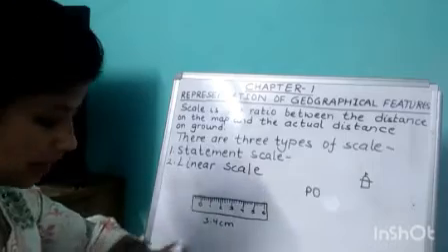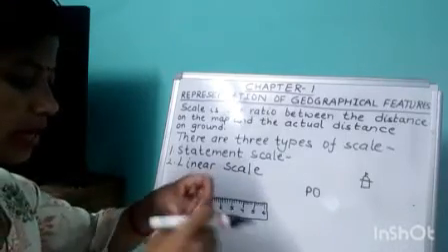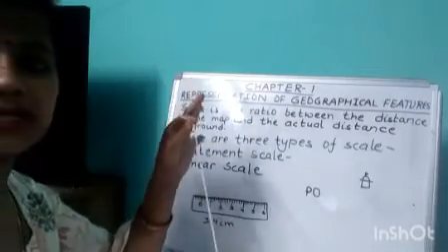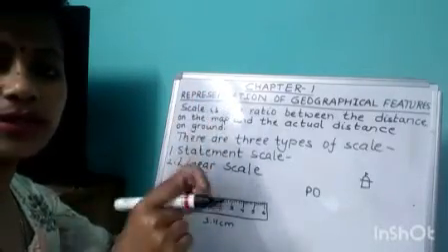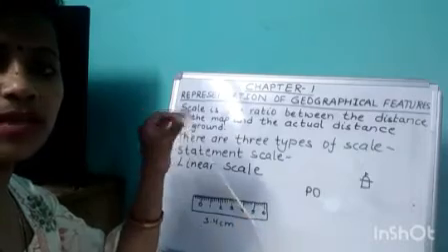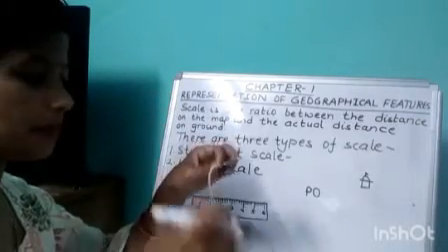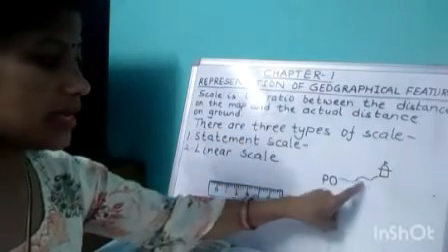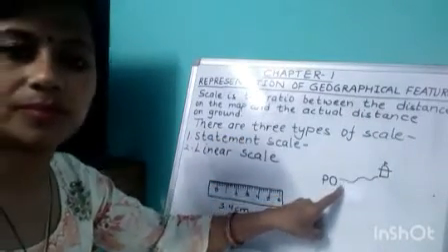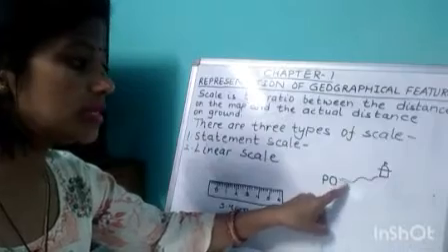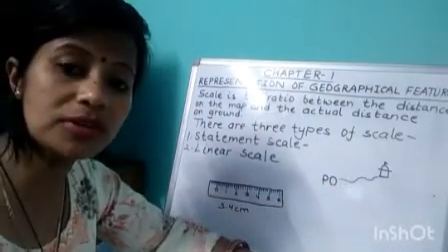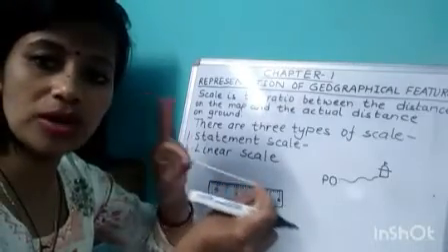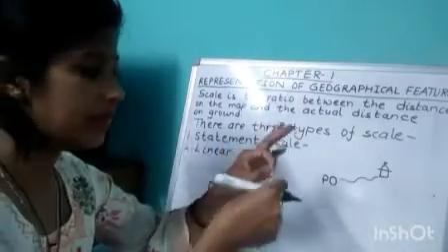Similarly, if we use the thread method, you will have to take a thread. For doing the thread method, you will have this type of thread. Here only you will mark first. If the path is uneven, not straight, for measuring a river or road, that time we use the thread method.